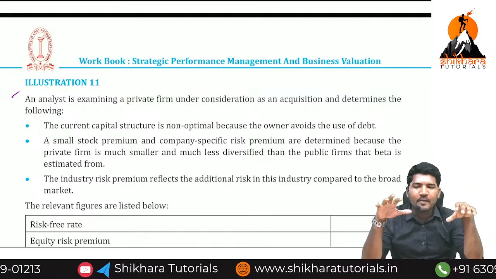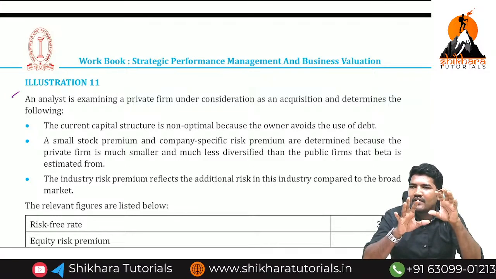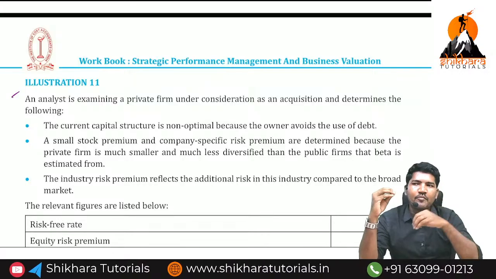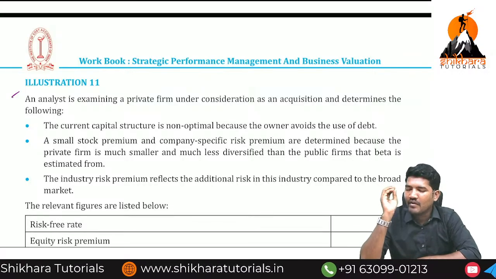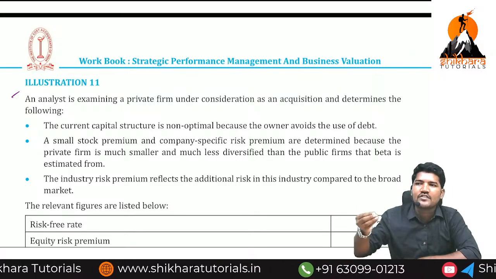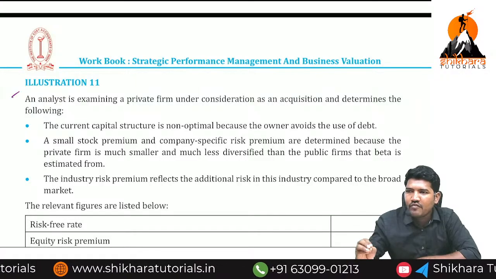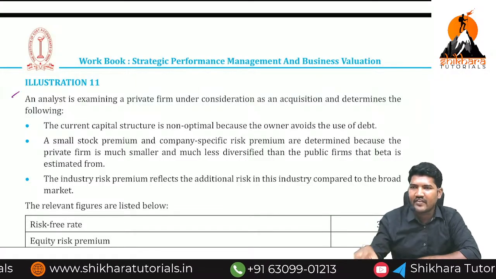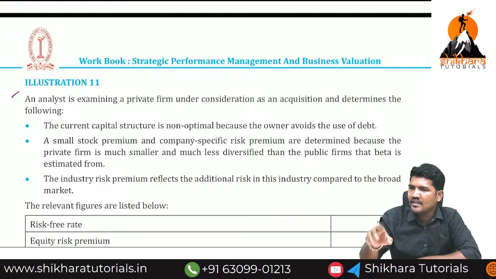When it comes to public companies, availability of information is fully there. So it is theoretical in nature. They are focusing only on how much premium I want because of market risk. I am facing a market risk. That's why I want more premium. That is called RM minus RF.